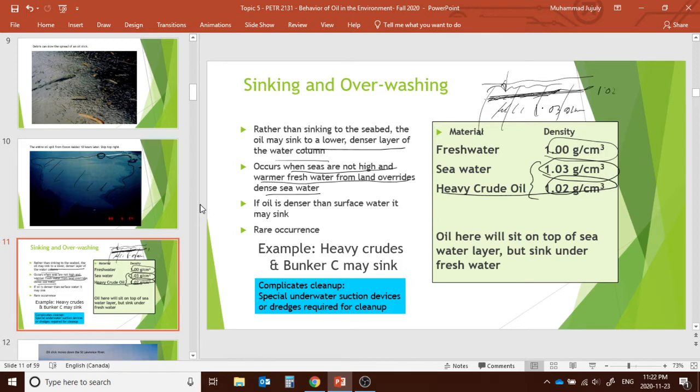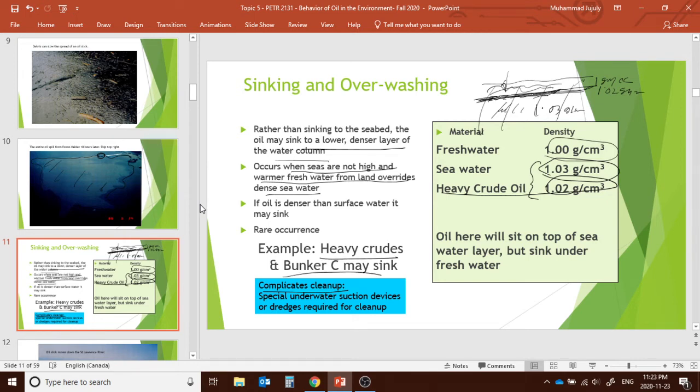This is 1.02 gram per cc, but at the top you have the fresh water sometimes, 1 gram per cc. It got less time to intermix, so the density of water is lower. So in that case, this overwashing can happen, and it definitely complicates the cleanup. It can happen with heavy crude oil or bunker sea oil.